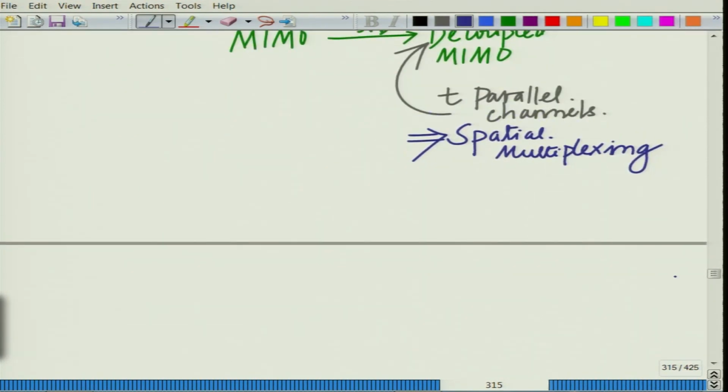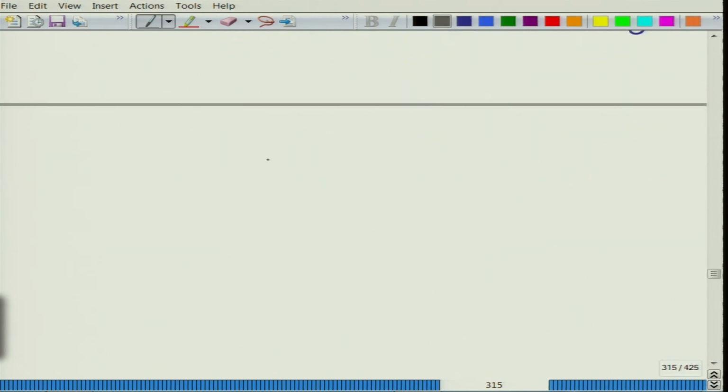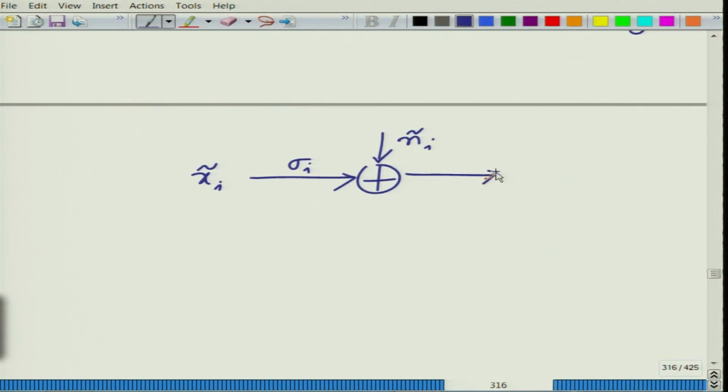And each of this channel is given as, if you can recall, that is we have xi tilde that is being transmitted through a channel with gain sigma I, and then you have the noise which is n tilde I, and you have the output which is basically your yi, right.